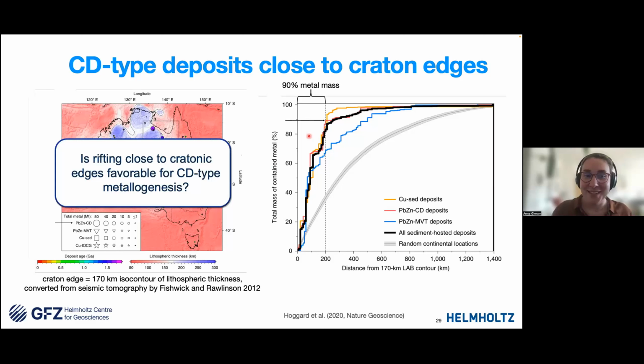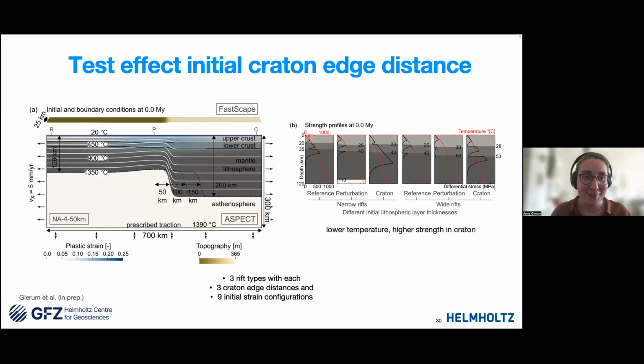So does that mean that rifting close to cratonic edges is favorable for CD-type metallogenesis? This I try to answer again with some simulations. So compared to the models before, I added in this thick cratonic lithosphere on the right. And this lithosphere is thicker, it's colder, it's stronger, as you can see over here.